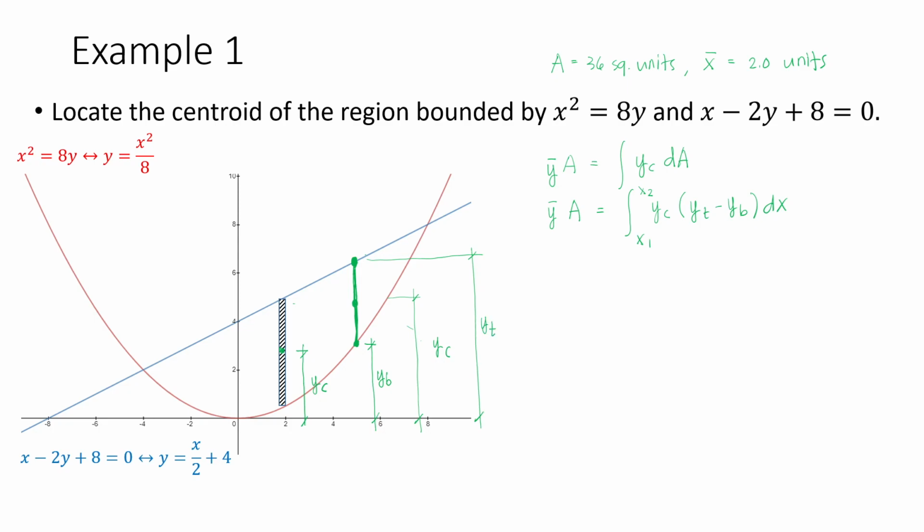Okay, so to look for the distance in between the line, we do averaging, right? To look for y sub c, this is going to be y top plus y bottom all over 2.